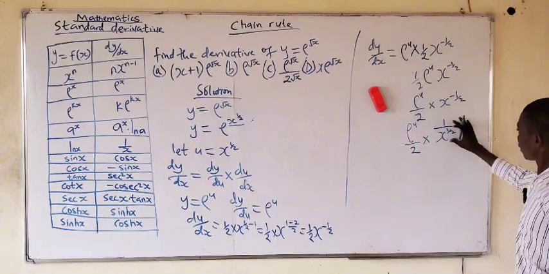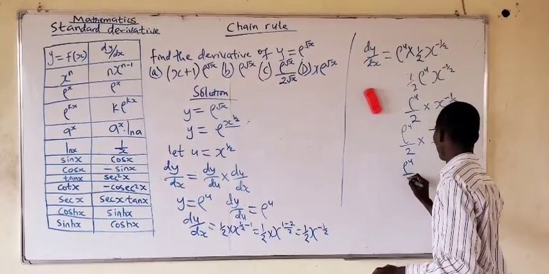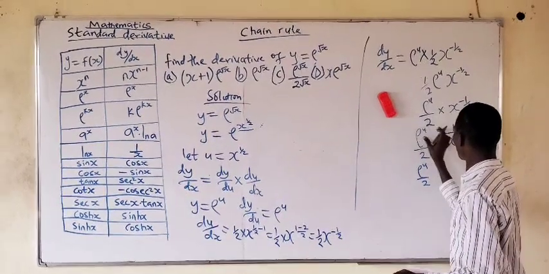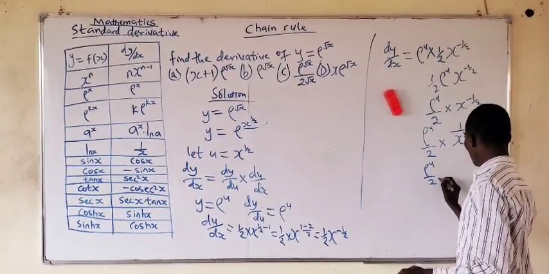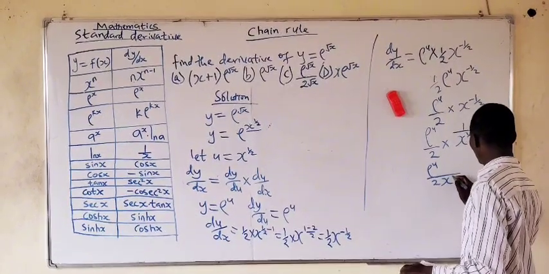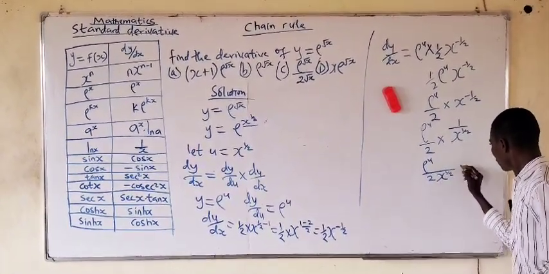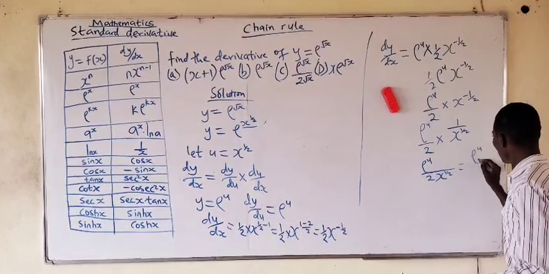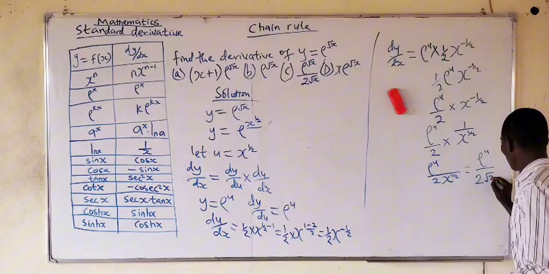So here we have exponential u over 2 times 1 over x raised to the power of 1 over 2, and you can write this as root x.